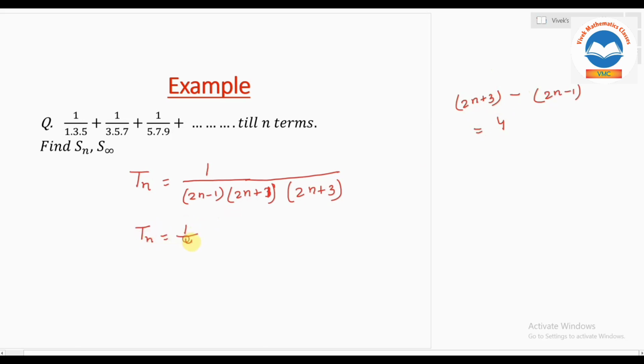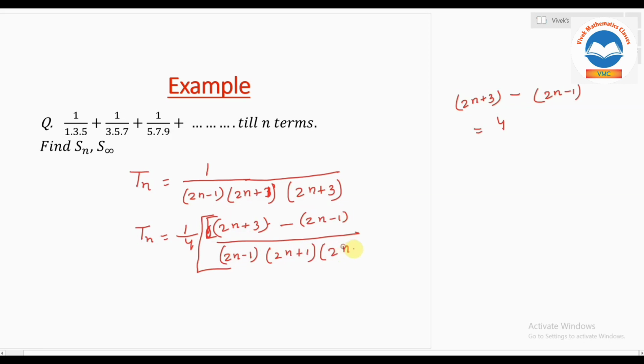Tn we will write as 1 by 4. The numerator I will write as 2n plus 3 minus 2n minus 1, and whole divided by 2n minus 1, 2n plus 1 and 2n plus 3.